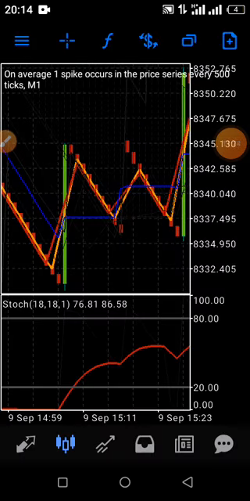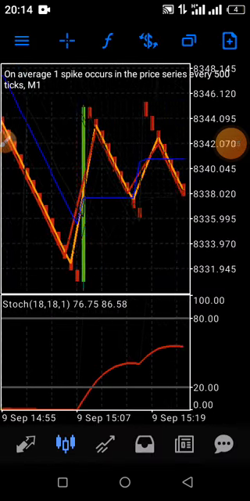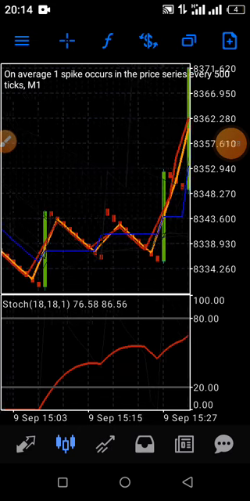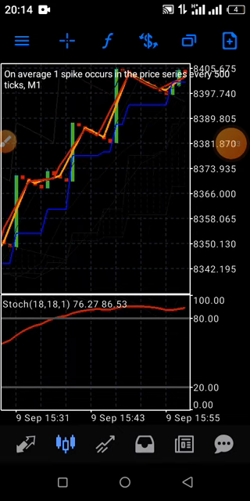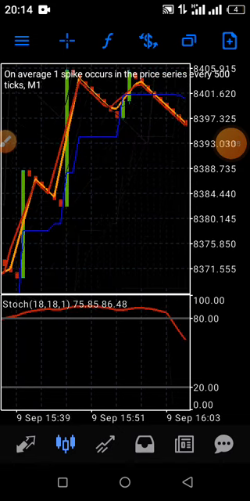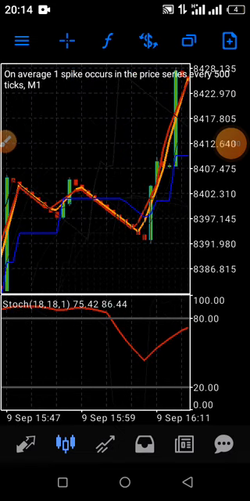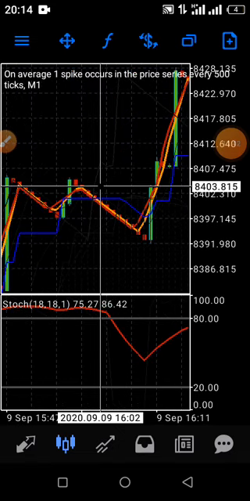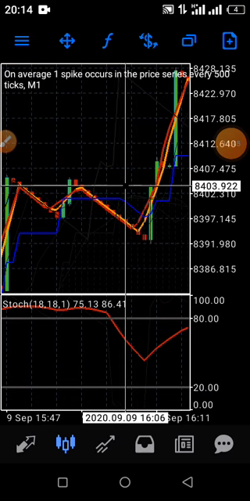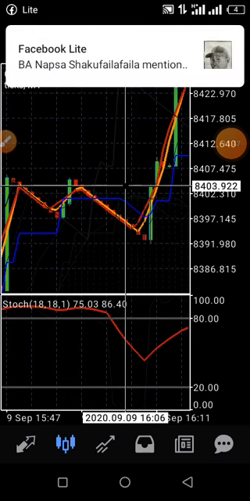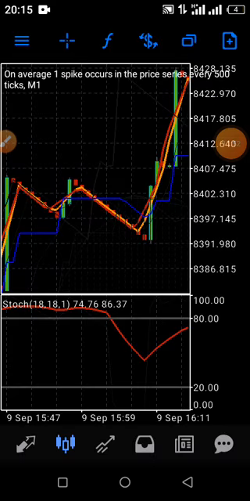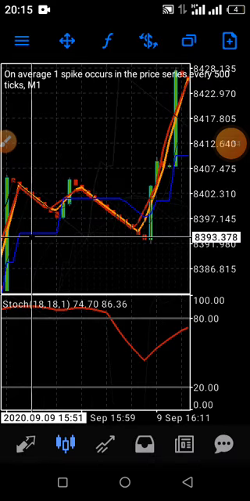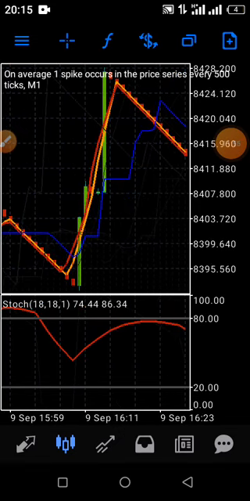So if you enter from the second spike here, you see the Ichimoku is below the alligator. It's a series of spikes that will happen. As long as it's below, then you notice it goes up, cuts through, then you come out, right? Then again you notice it goes below.